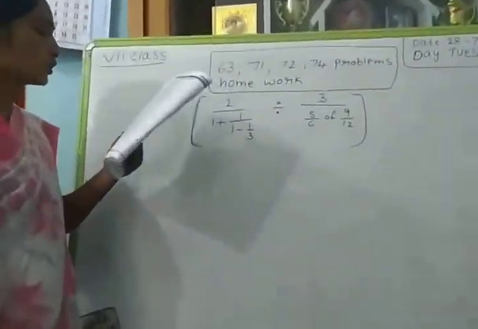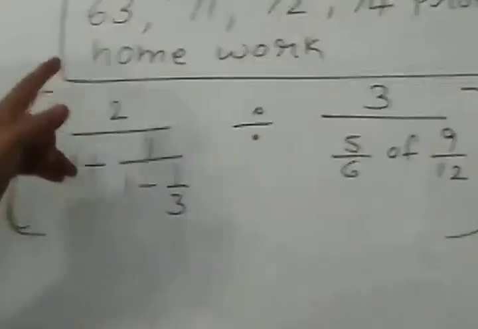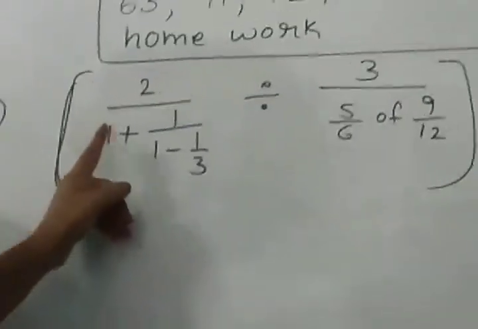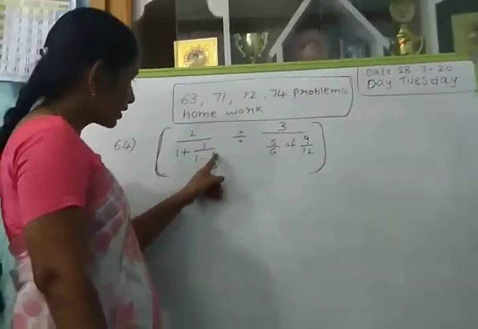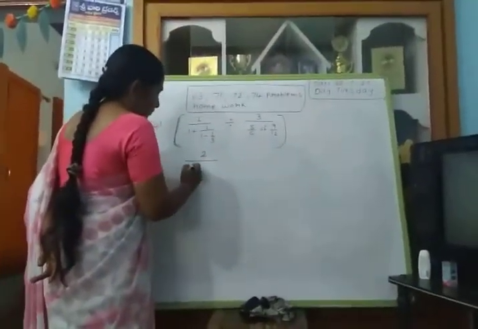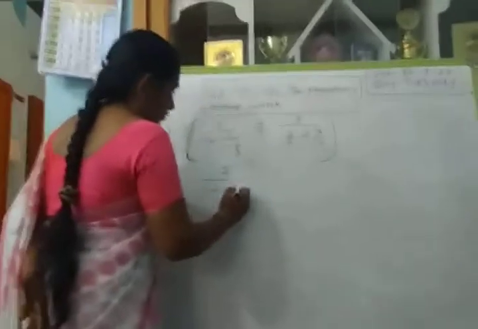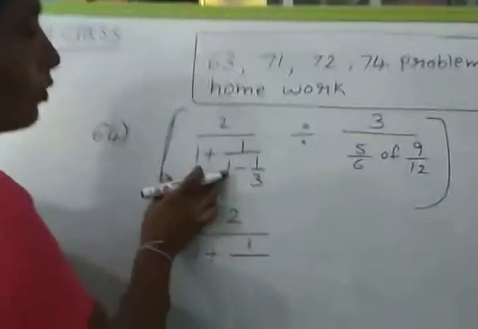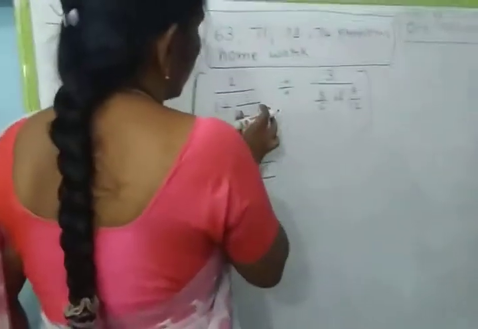Now let us see the 64th problem. Here see 2 by 1 plus 1 by 1 minus 3. Here 2 by 1 plus 1 by, already we know what we have to do. 3 ones are 3. 3 minus 1 divided by 3 by 5 by 6.